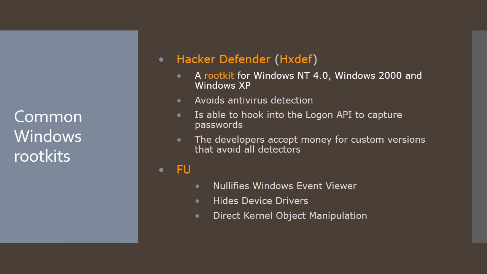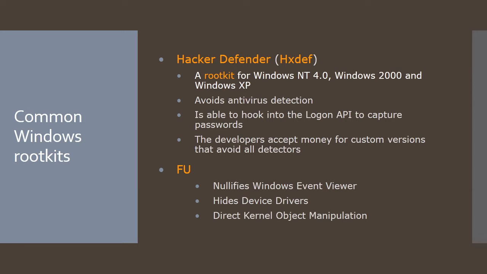Hacker Defender was created long back in 2003 and was considered one of the most dangerous rootkits of those times. Most antivirus software incorporates rootkit detection, and the original Hacker Defender can be easily detected by all the major antiviruses. Hacker Defender has evolved a lot. Now it can stay undetected from antivirus.